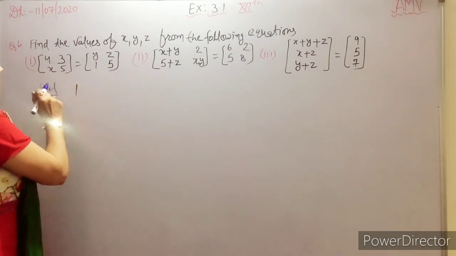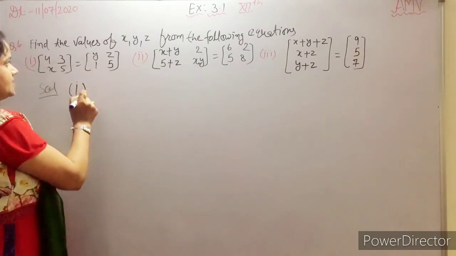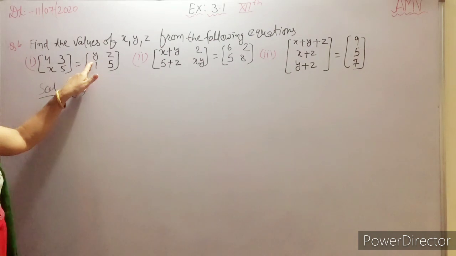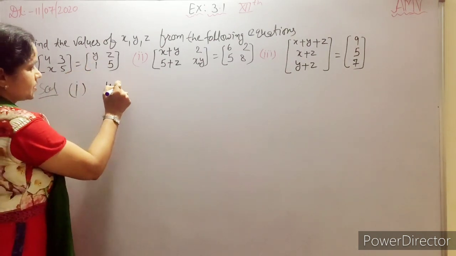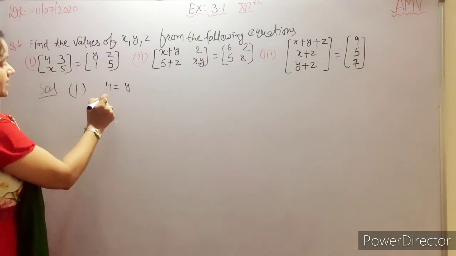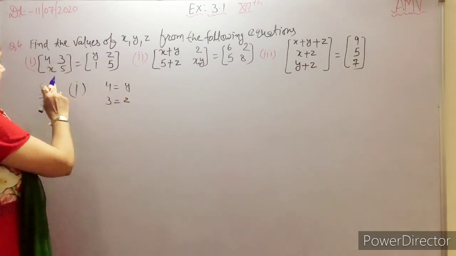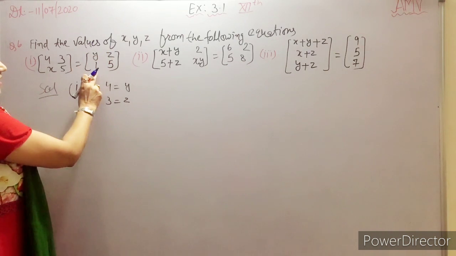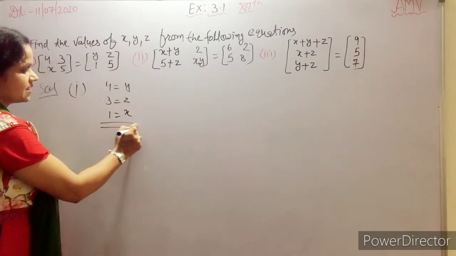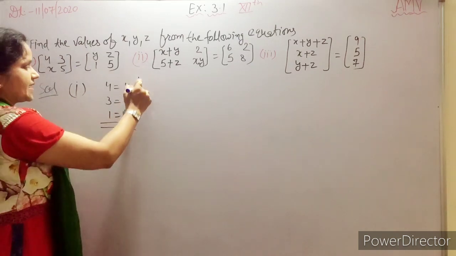So the solution of the first part is: 4 and its corresponding element here is 1, so 4 is equal to y, and z is equal to 3, and x and its corresponding element is 1, so 1 is equal to x. These are the values.